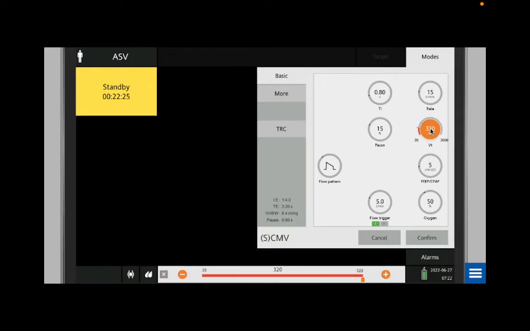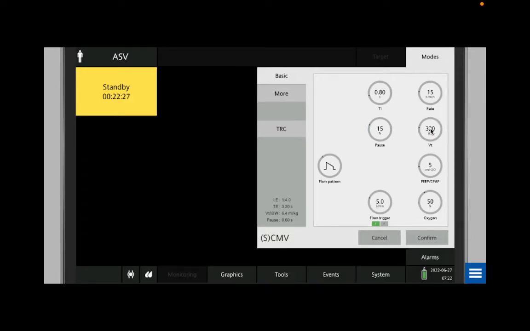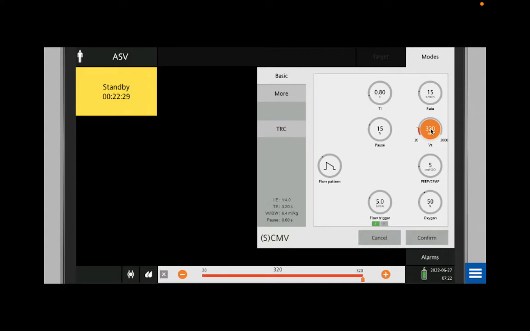I'm going to do a tidal volume of, if this guy is 60 kilos, 6 mils per kilo would be 360. Why is it not letting me change? All right, we're going to do 320.